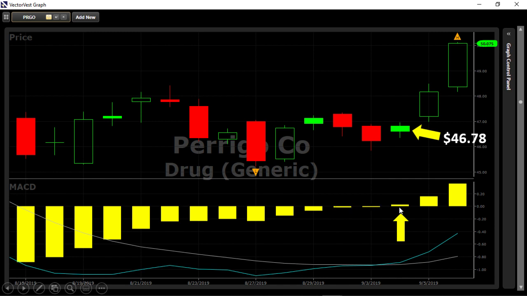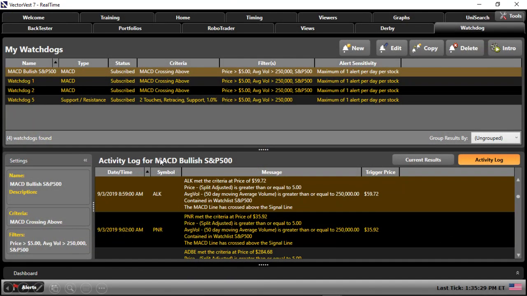Then all of a sudden, pre-market on September 3rd, you had a bullish MACD crossover, and it gives us a price of 46.78. You can trade pre-market if you wanted to. You can wait until after the market opens, and you could see that led to a nice profit.